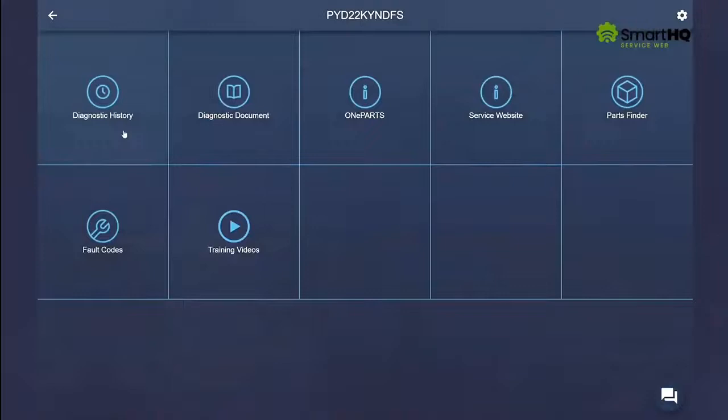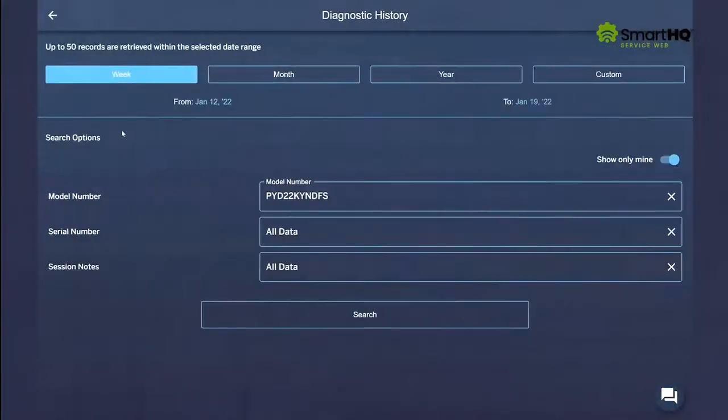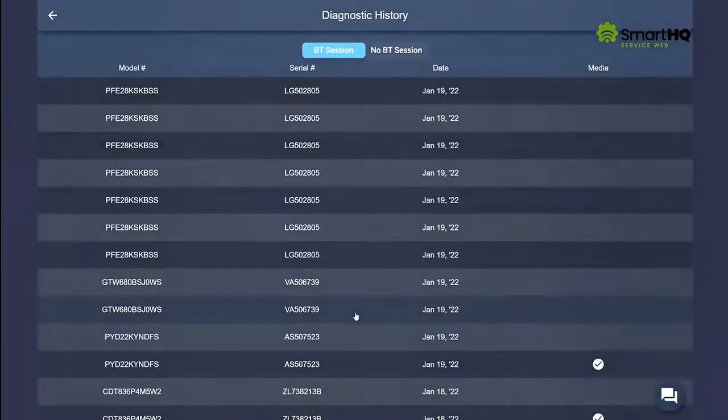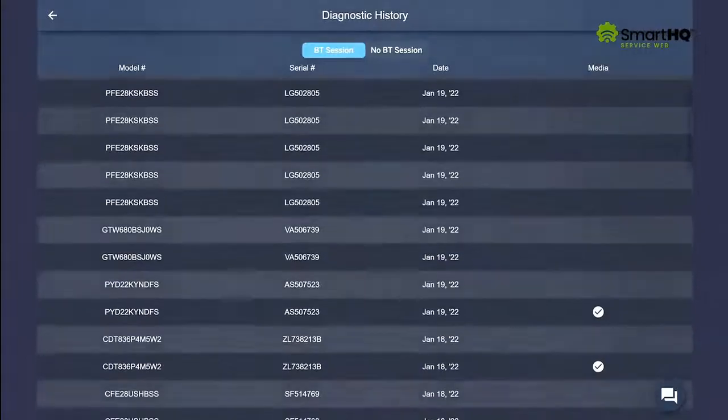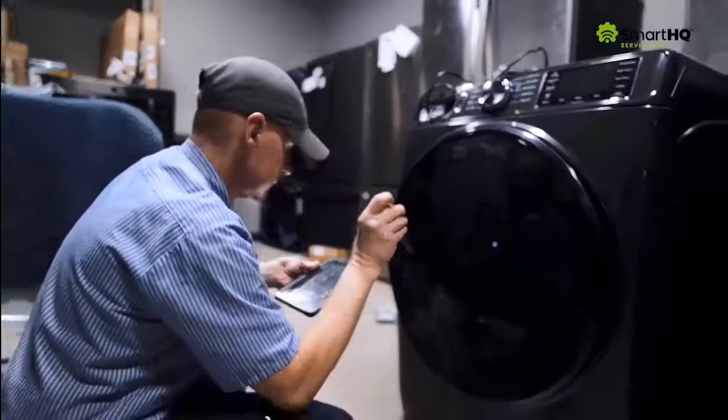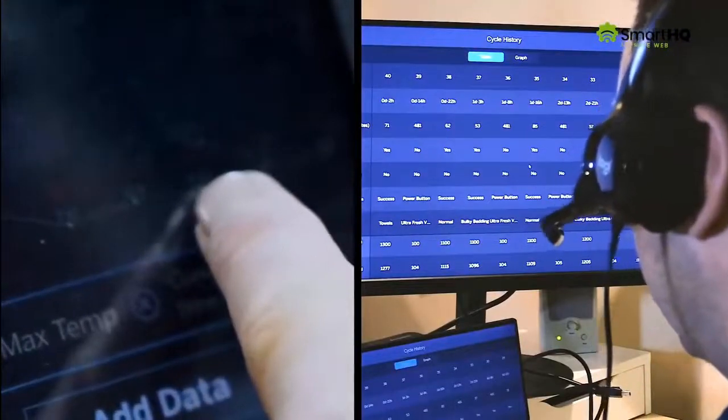Now, let's take a closer look at how this product can help facilitate communication between you and your service technicians out in the field. SmartHQ Service Web has an amazing feature called Diagnostic History, which lets you view the data from the products your service team is working on, all in a matter of seconds. See the data they see whenever a Bluetooth connection is made using SmartHQ Service.